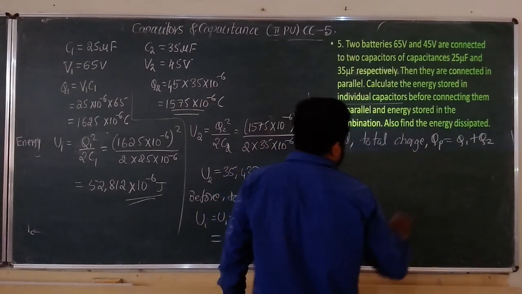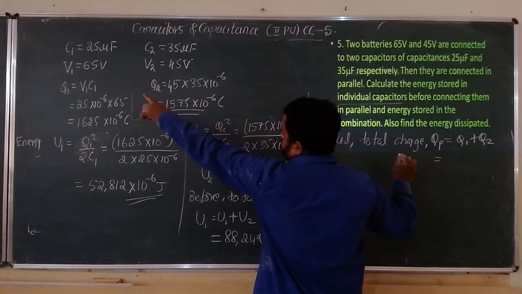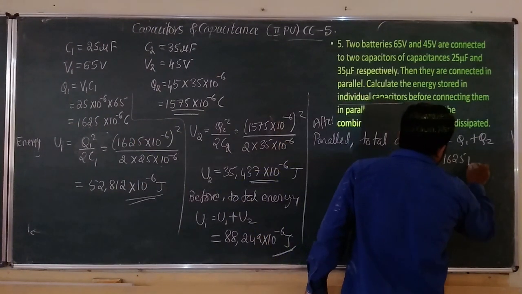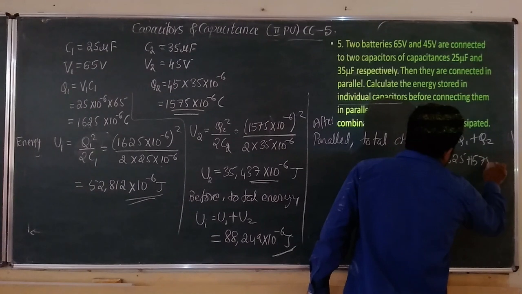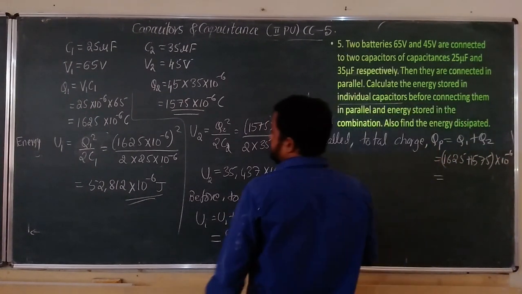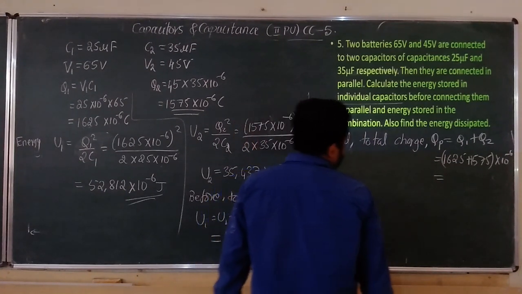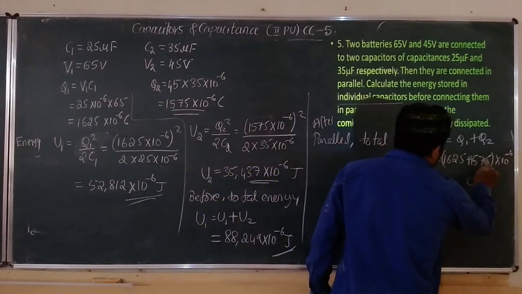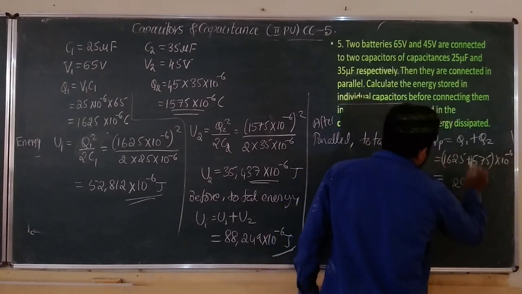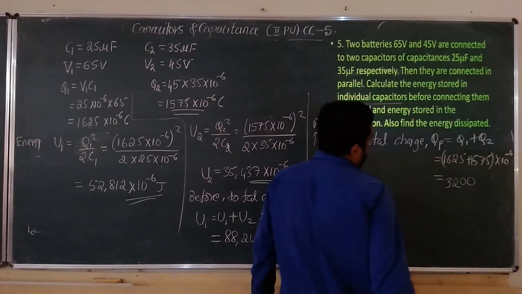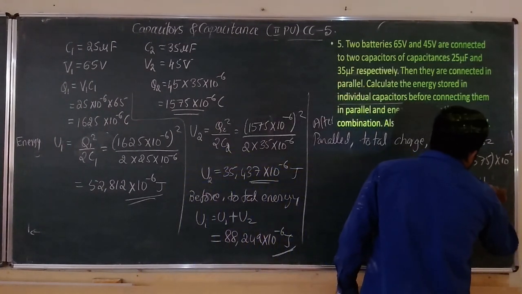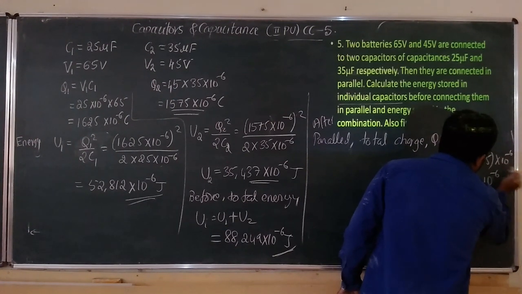Charge in the first is 1625, plus 1575, into 10 to the power minus 6. If you add these two values, you get 3,200 into 10 to the power minus 6 coulomb.